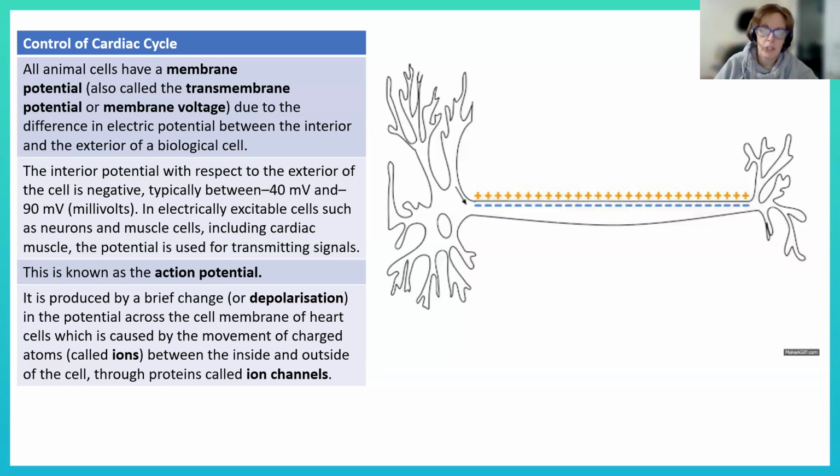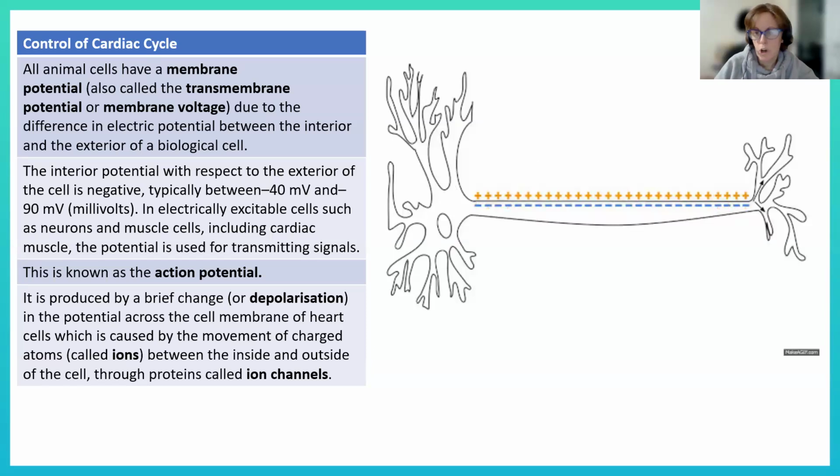So it's briefly changing, and that change moves along the length of the cell, the length of the neuron on the image. So it's a brief change or depolarization of the potential across the cell membrane of the heart cells that we're looking at today, which causes the movement of charged atoms or ions, like that sodium ion we looked at a moment ago, between the inside and the outside.